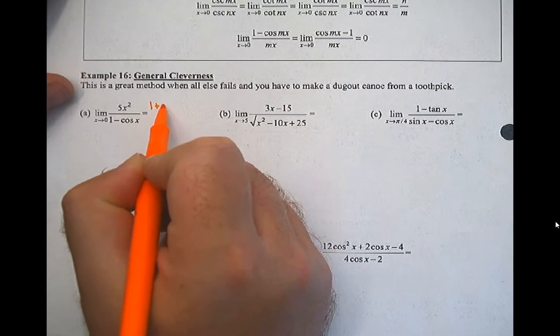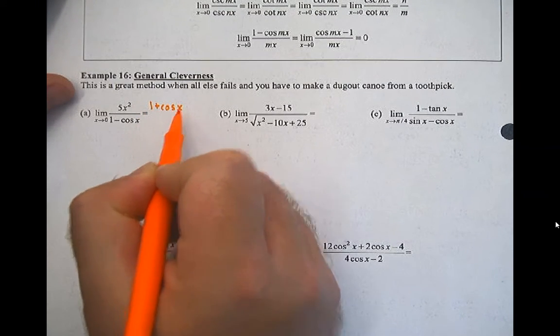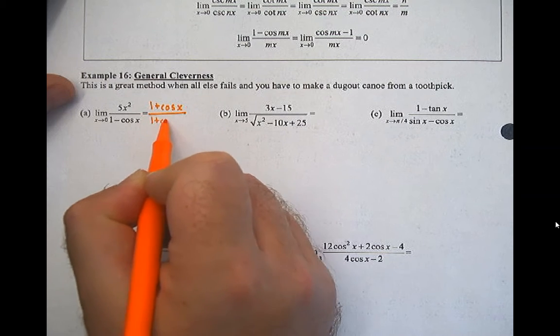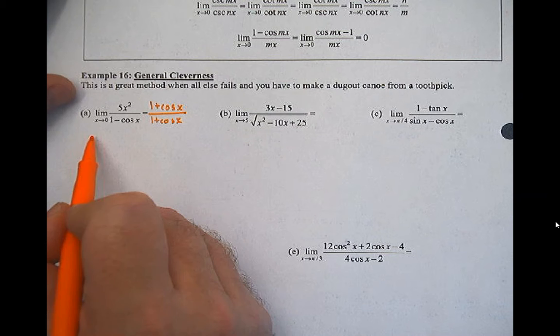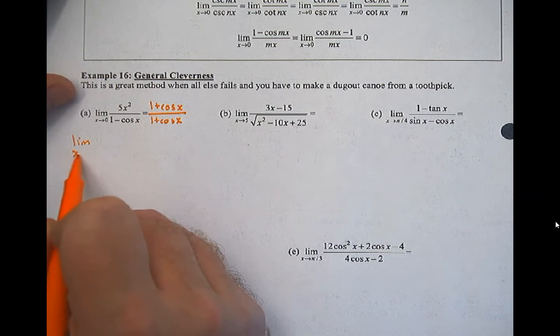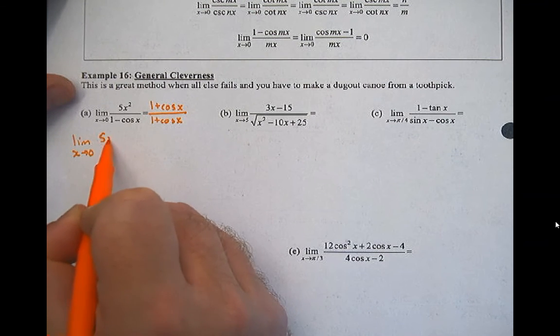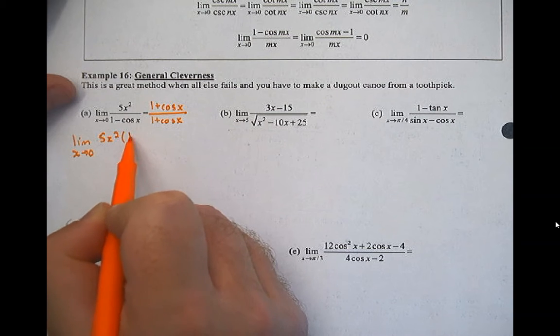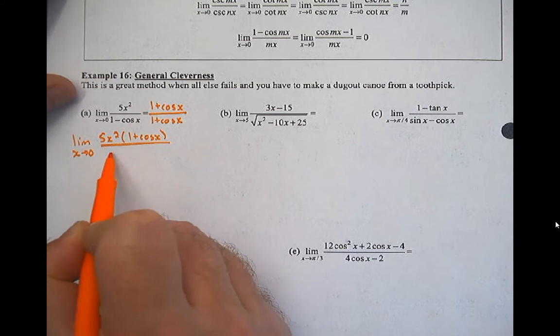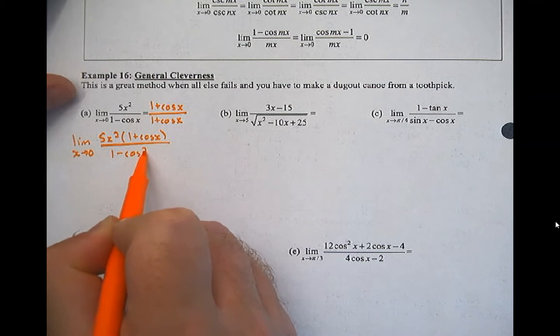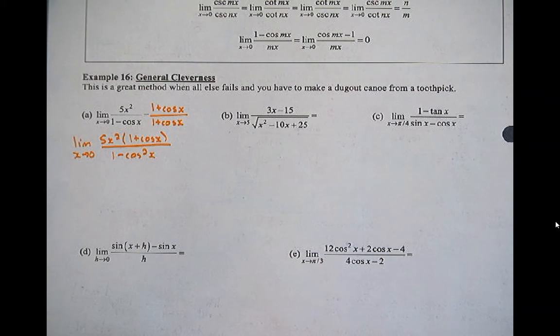So when I multiply by 1 plus cosine of x over 1 plus cosine of x, I get 5x squared times the quantity 1 plus cosine of x over 1 minus cosine squared of x.